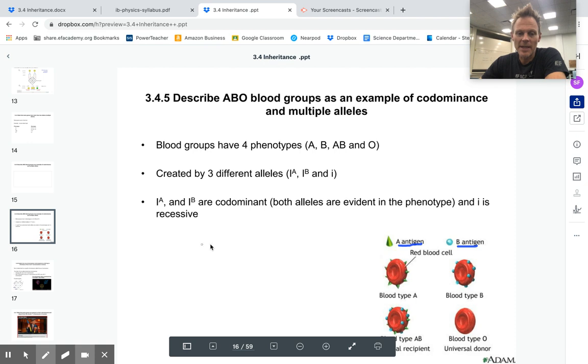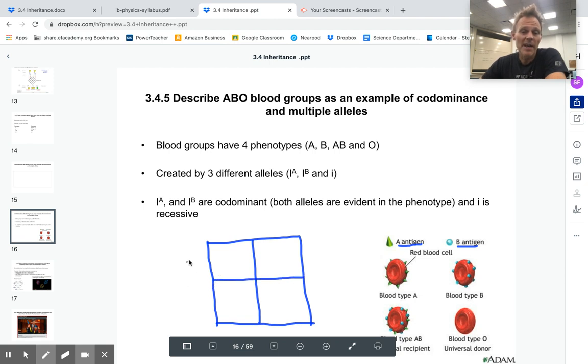So let's do an example of a Punnett square, just to show how the inheritance works, and also that we're using the correct notation. So let's say that the mother is heterozygous for blood type B. If she's heterozygous for blood type B, she would have a big B, and then the other allele would be the i, would be the O. So that's what heterozygous is.